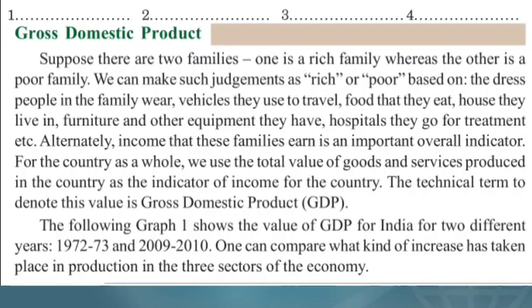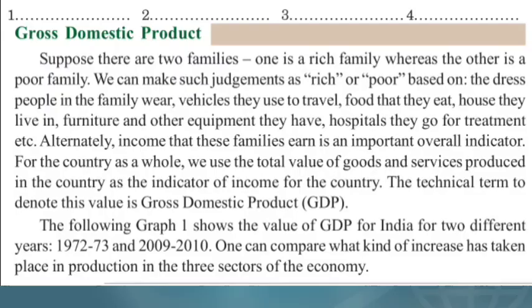G indicates government spending for development. Understand? X minus M: X means exports, M means imports, and the difference between them.